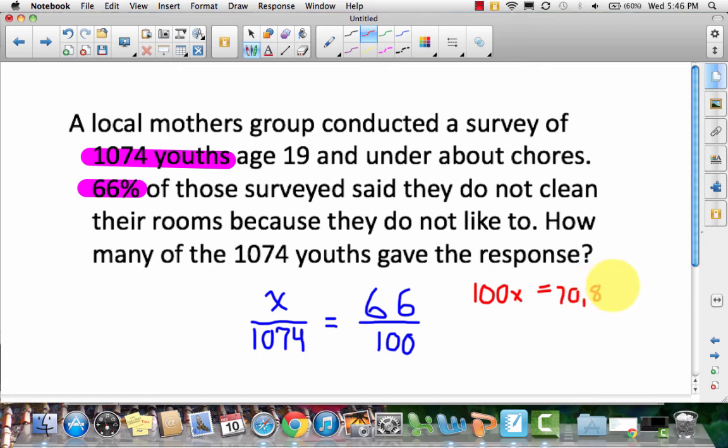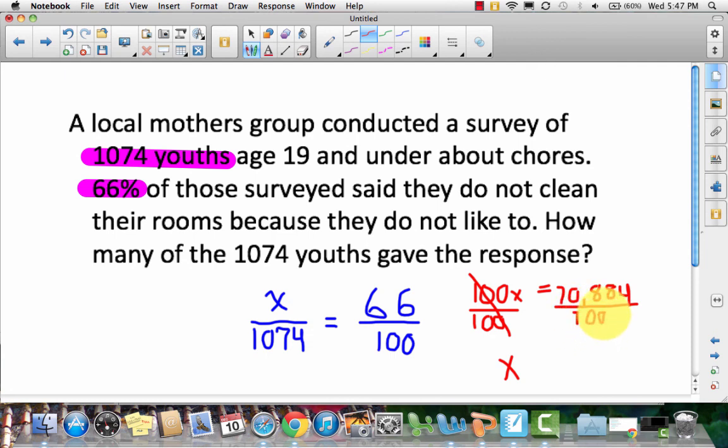And again, I have a one-step equation, so to get x by itself, I will divide both sides by 100. On the left side, the 100s cancel out, and they leave me with x. On the right side, I'm also going to divide by 100, and I end up with a decimal answer.